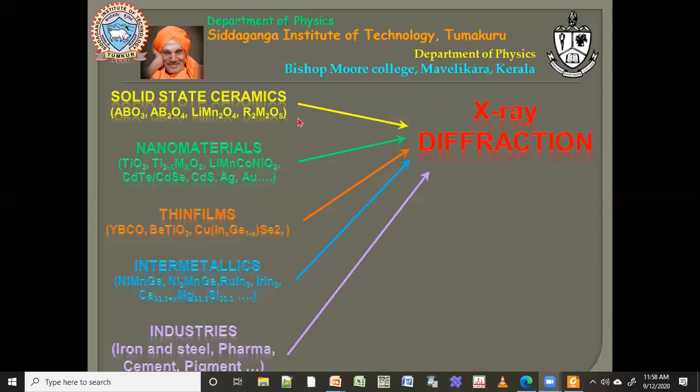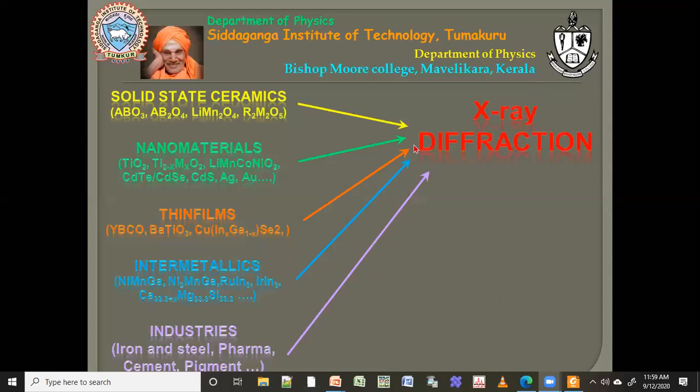The reason is X-ray diffraction may not be the main thing for your studies. You may be studying about capacitors or superconductors or some thermoelectrics or battery materials or something like that. Okay, so your main study would be something else, but still, the first step would be once you synthesize any material or you buy some material from Sigma Aldrich, first thing is you will do the X-ray diffraction.